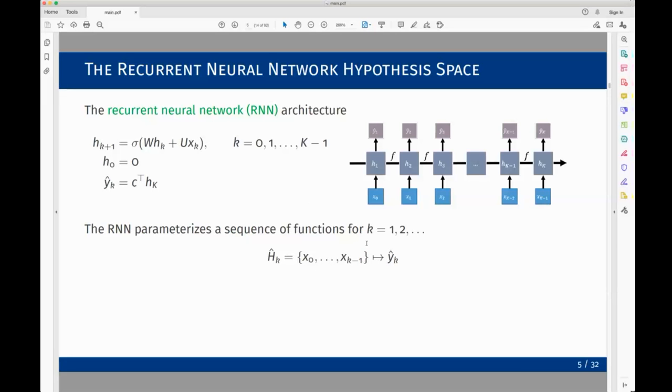And if we change the time index k, this mapping is always well defined, given the parameters W, U, and small c. So in this sense, training recurrent neural networks is essentially adjusting parameters c, W, U such that our parameterized functionals hk hat are as close as possible to the ground truth hk star.